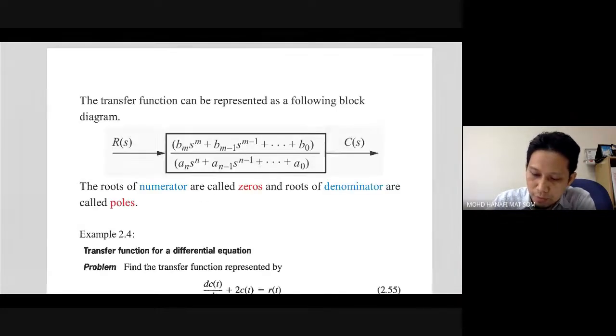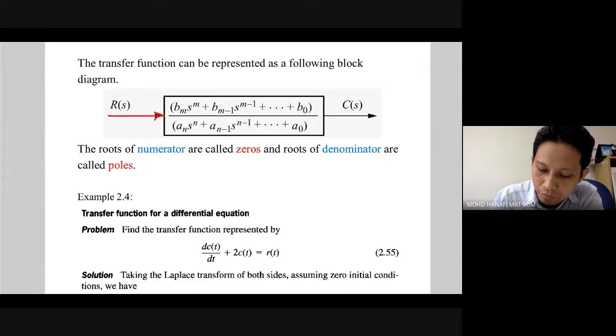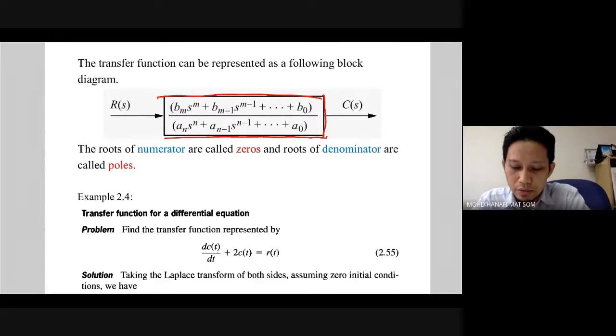The next one, the transfer function can be presented in a block diagram here. We have the input here, and then the output here, C(s), and in the middle, in the box, this is what we call the system or the plant.